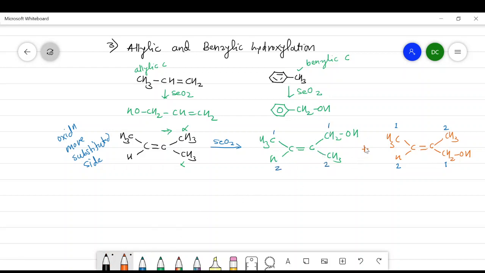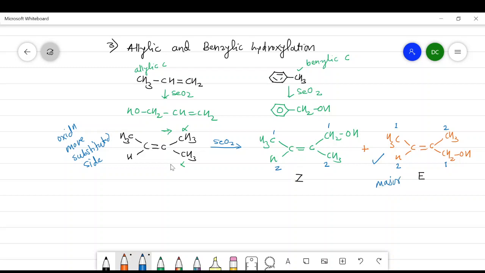Now we know that when the same priority groups are on the same side, this compound has a Z configuration, and when the priority groups are on different sides or opposite to each other, then this compound is known to be the E isomer. And we know that in SeO2 oxidation we get the E isomer as a major product.